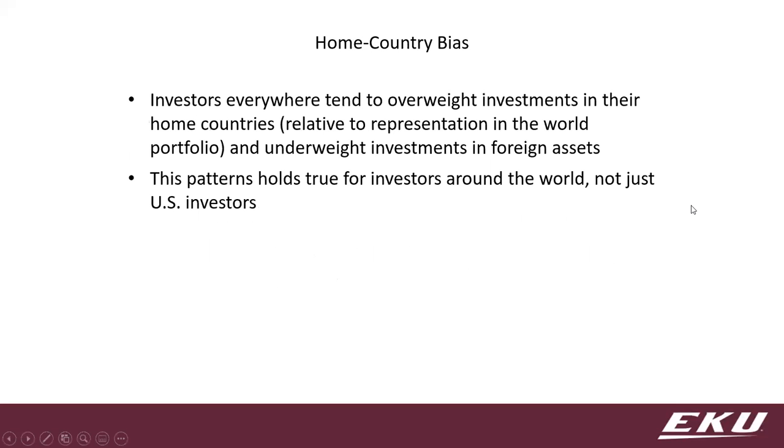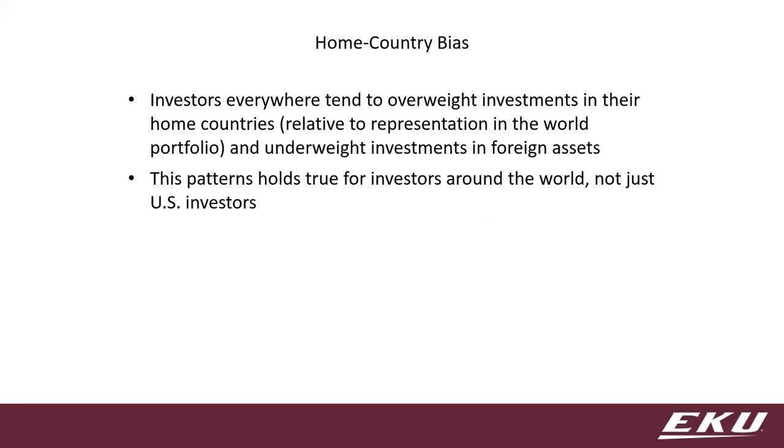Now, as we go through here, there is a bias that develops where people tend to own more stocks within their own country. This is true, of course, in the United States. Many people in the United States are almost exclusively invested in U.S. securities. But even that's true for French investors, who are overweighted in French securities, and German investors overweight in German securities, and Japanese investors overweight in Japanese securities.